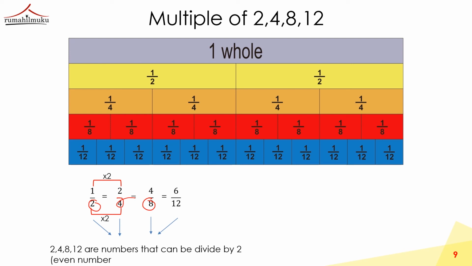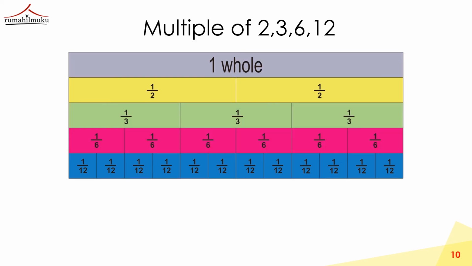So over here, 1/2 multiplied by 3 becomes 3/6. Then 3/6 multiplied by 2 becomes 6/12, because the denominators can be divided by 2. 2, 6, and 12 are numbers that can be divided by 2.